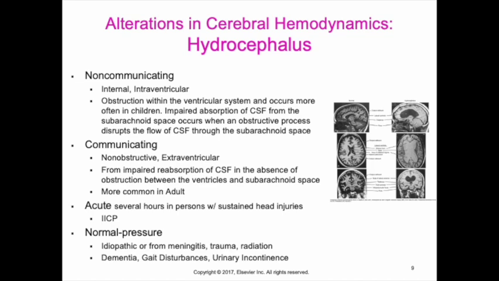We also have hydrocephalus with normal intracranial pressure, and this can be idiopathic or from meningitis, trauma, radiation even, or dementia. Gait disturbances and urinary incontinence can be seen with this normal pressure type hydrocephalus.